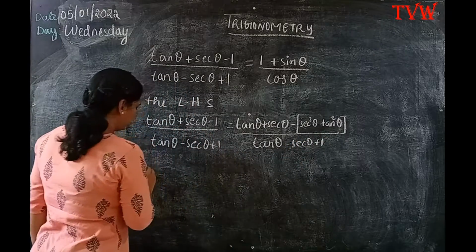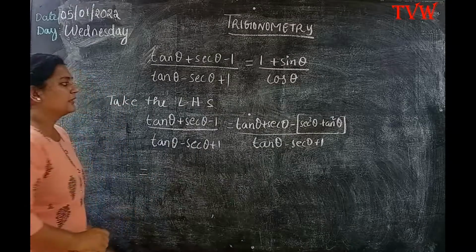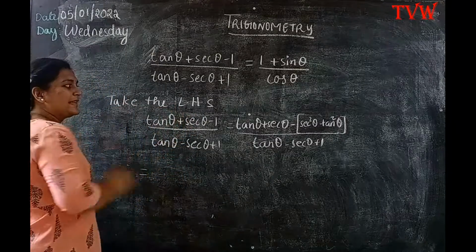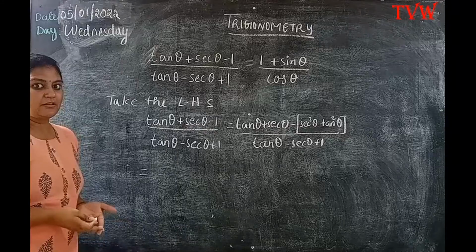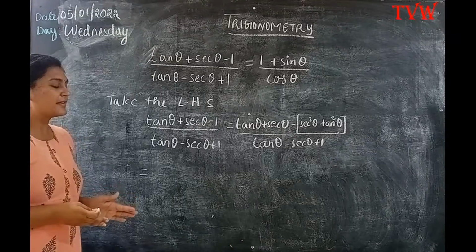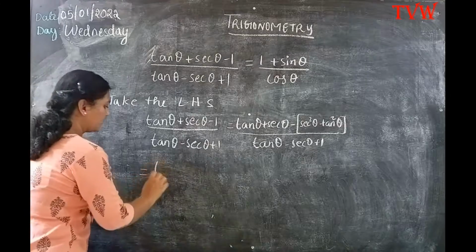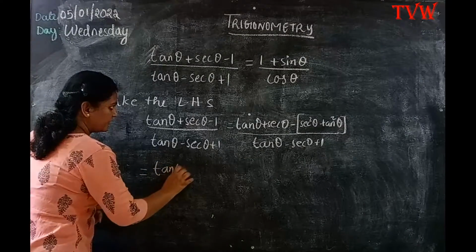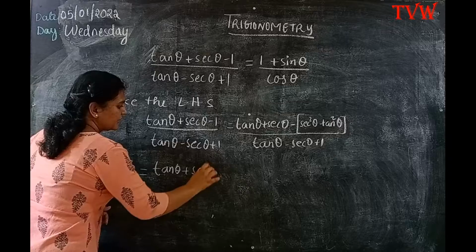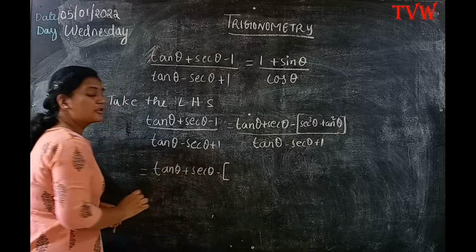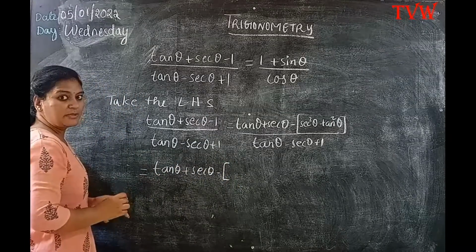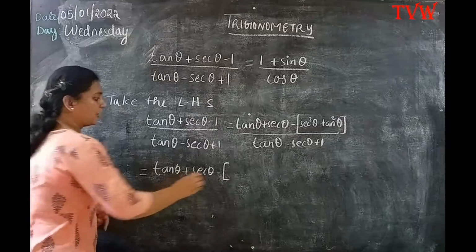Now, what is secant square theta minus tan square theta? I can write that as (secant theta plus tan theta) into (secant theta minus tan theta), right? So I am going to write tan theta plus secant theta minus, that is because a squared minus b squared is nothing but (a + b) into (a - b).